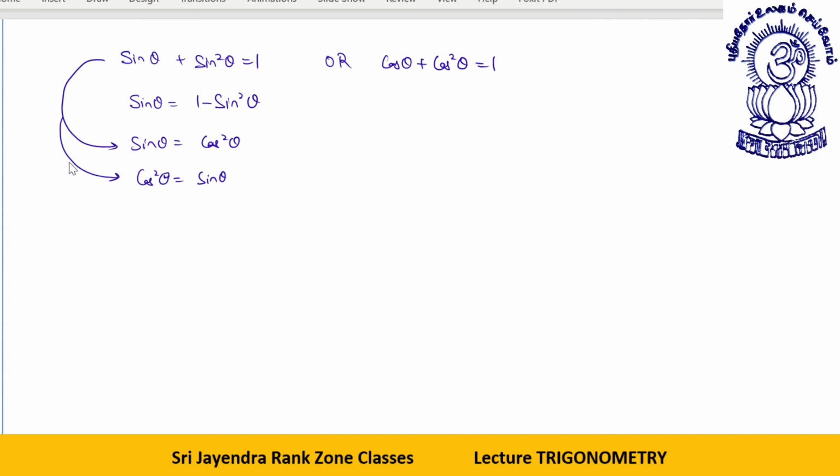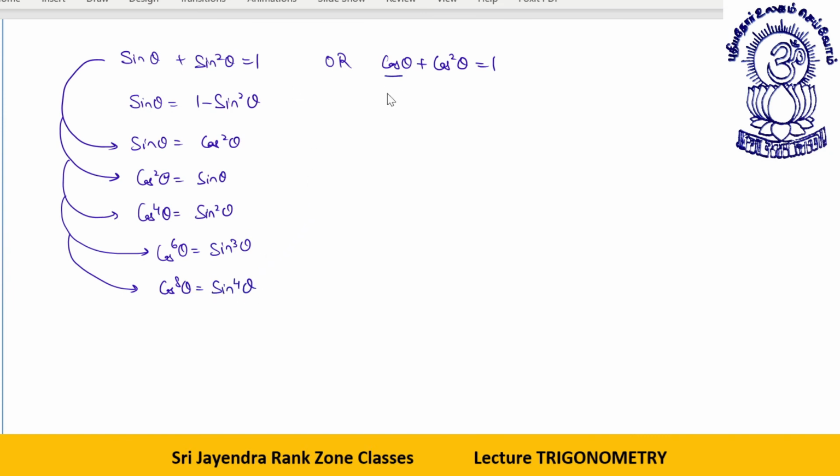Or you can say if you have cos 4 theta, it is equal to sine square theta. If you have cos raised to the power 6 theta, you will replace it by sine cube theta. If you have cos raised to the power 8 theta, you will replace it by sine 4 theta. Similarly, you may have cos theta is equal to sine square theta.